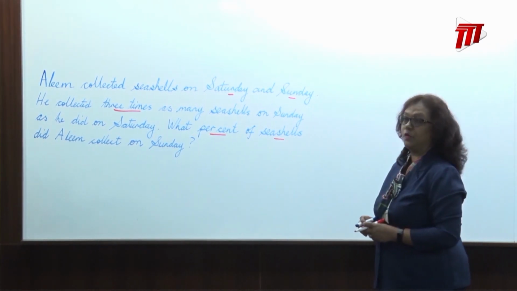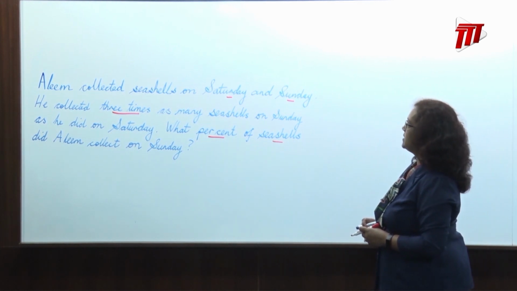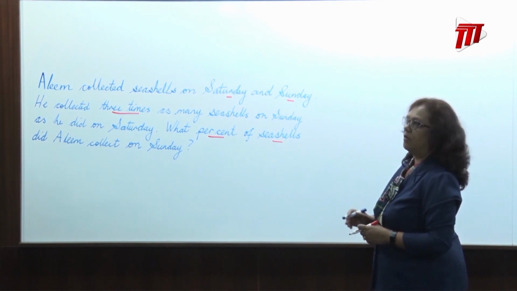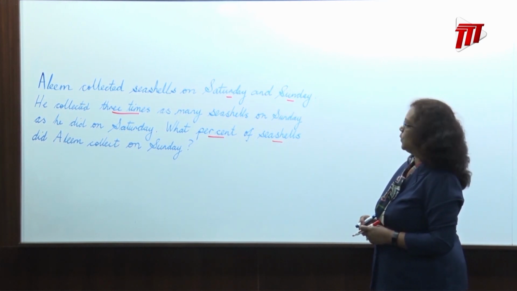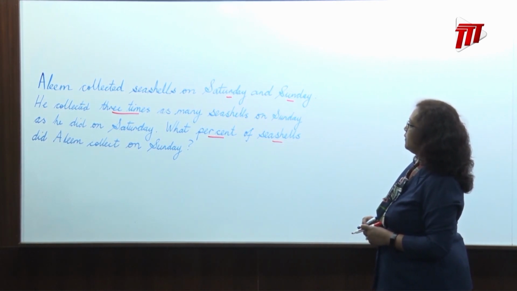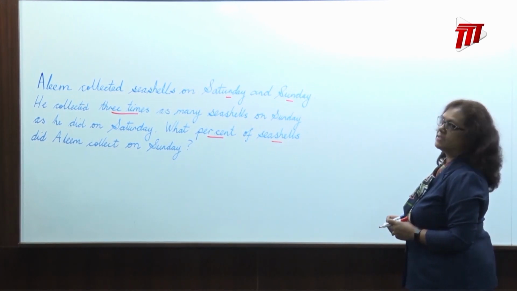Notice we have no numbers in this problem. What we do know is that on Saturday he collected 1 part and on Sunday he collected 3 parts. So very simply we can express the fraction of seashells that Aline collected on Sunday.